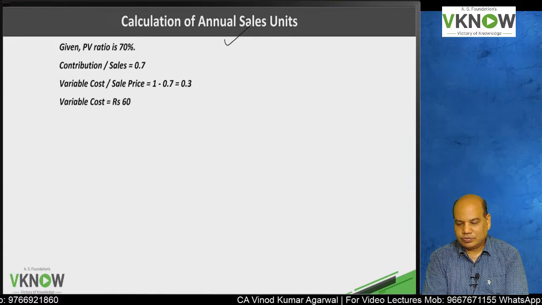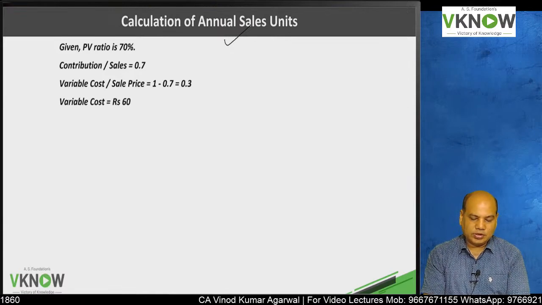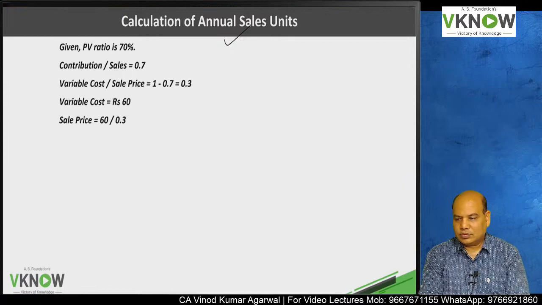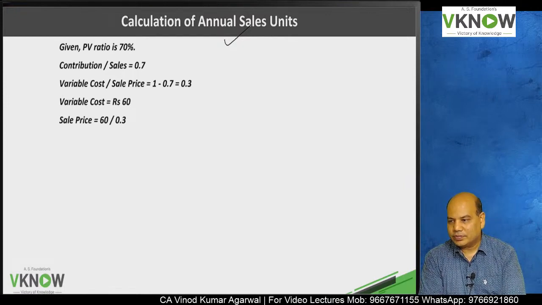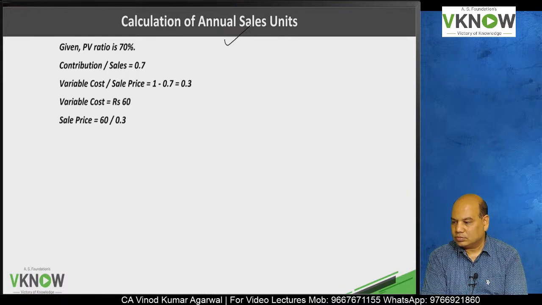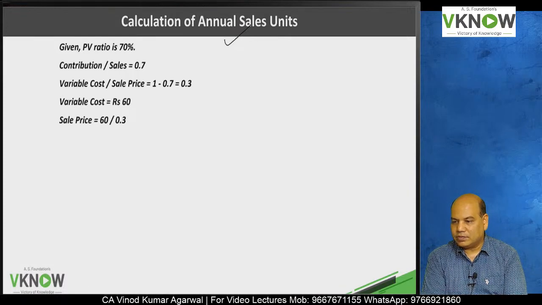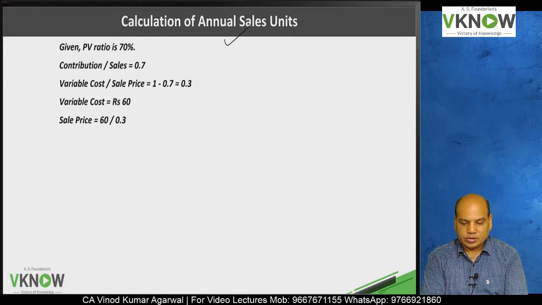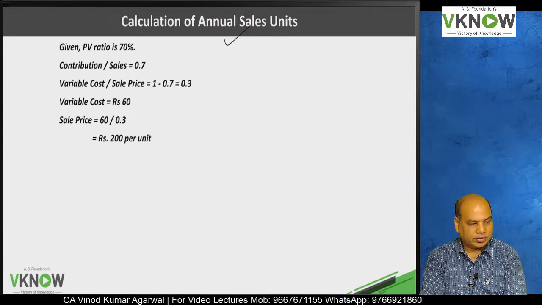Variable cost is rupees 60. Therefore, selling price will be 60 divided by 0.3. 60 divided by 0.3 is rupees 200.